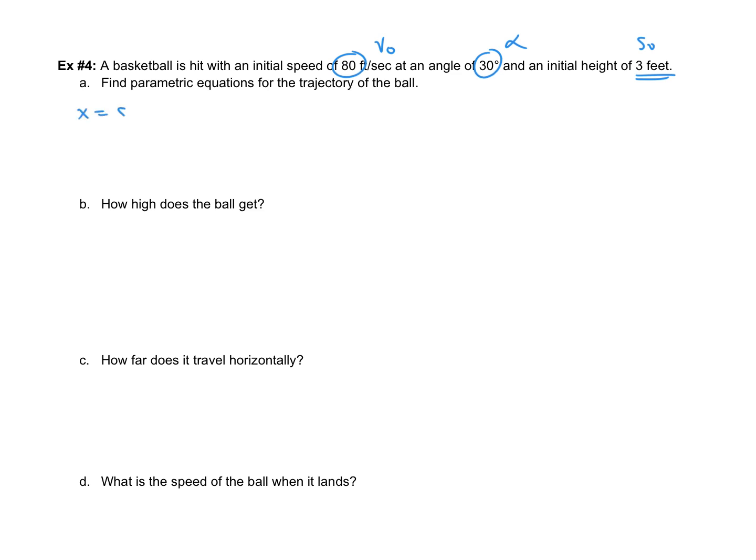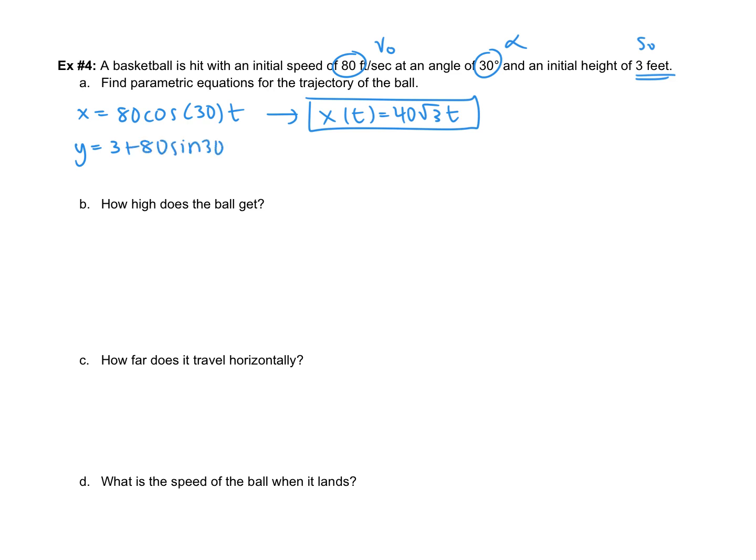So our x is going to be 80 cosine of alpha times t. So this simplifies to 40 root 3 t. And our y was 3 add 80 sine of alpha t subtract 1/2 g, which is 32 t squared.